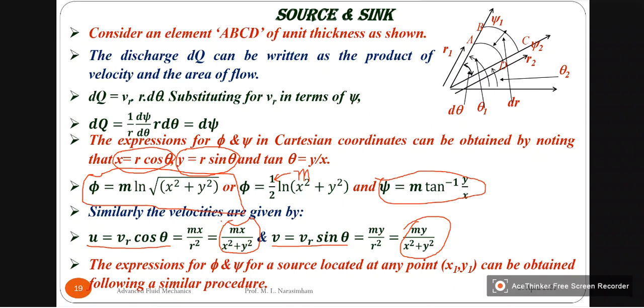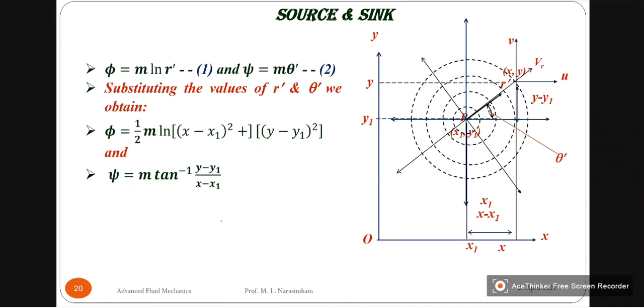Now the next case is that if the sink is not located at the origin, this is the origin, but it is located somewhere else. So this is your new position of the sink, or source. How to get the expressions? The working out is very simple.